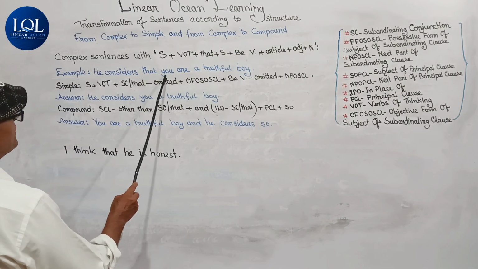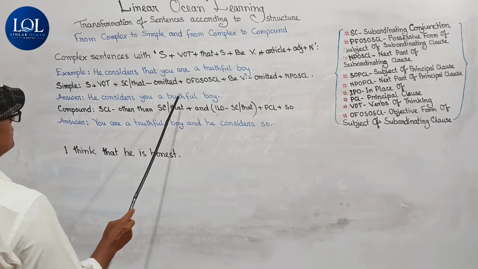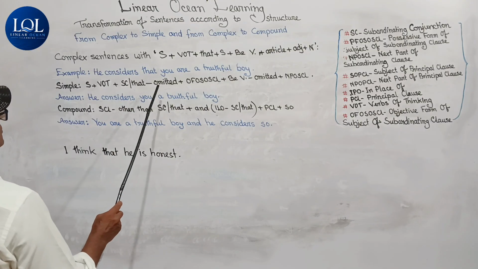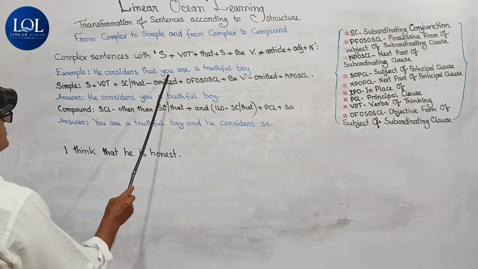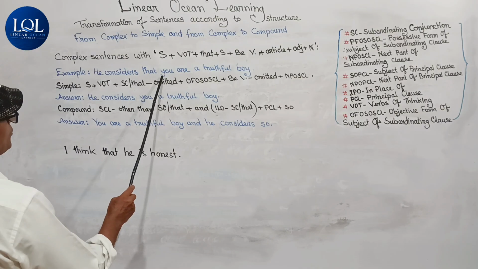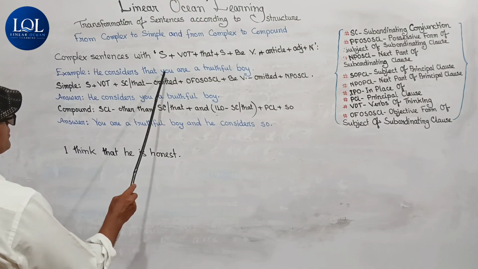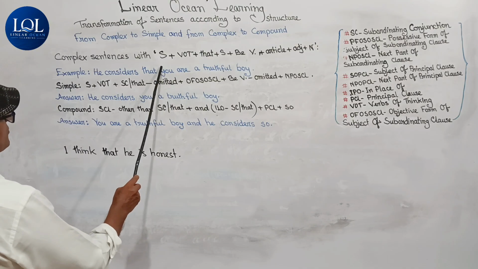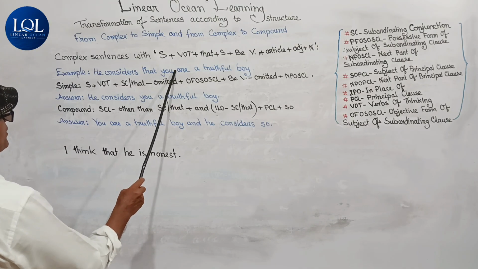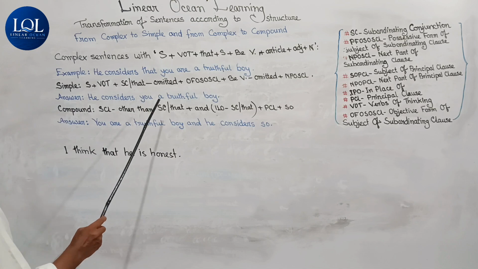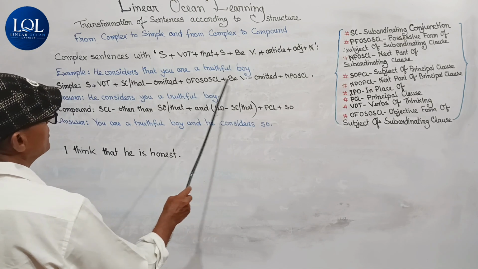Here, that you are a truthful boy, the subject of this subordinating clause is you, and we will have to write the objective form of this subject. Then the objective form of the subject you is you itself, plus BV omitted.